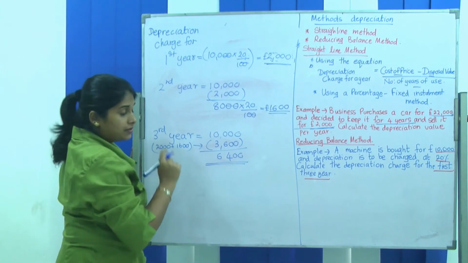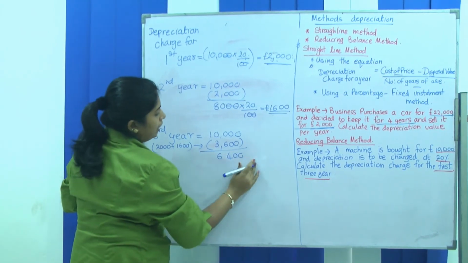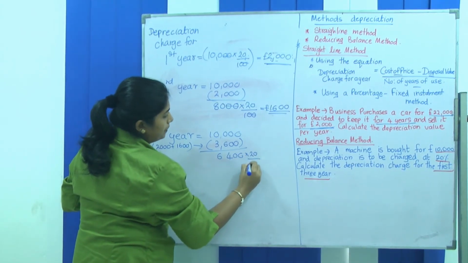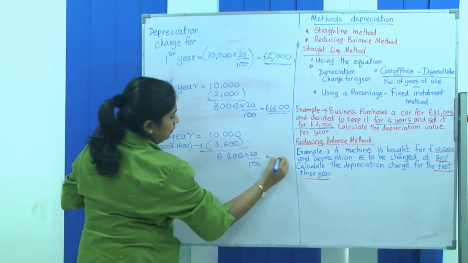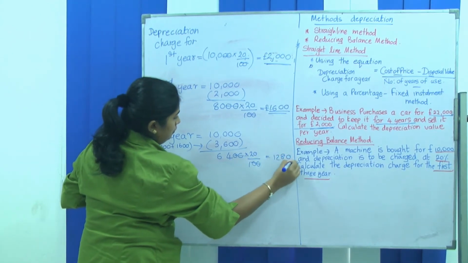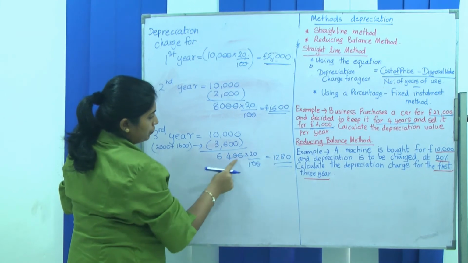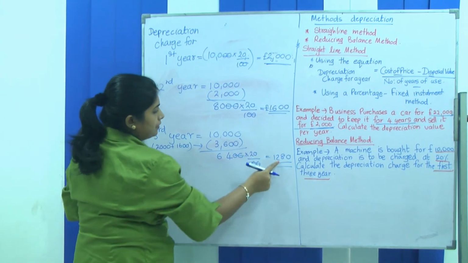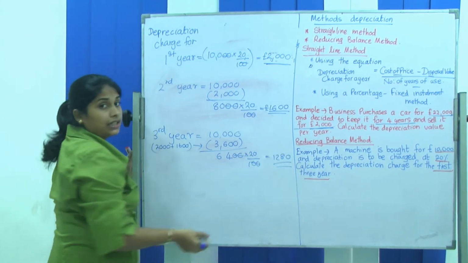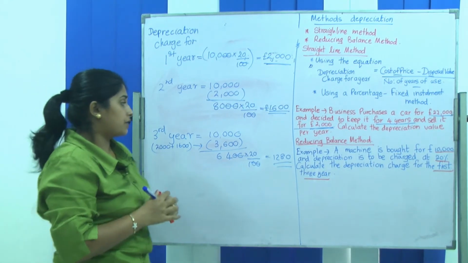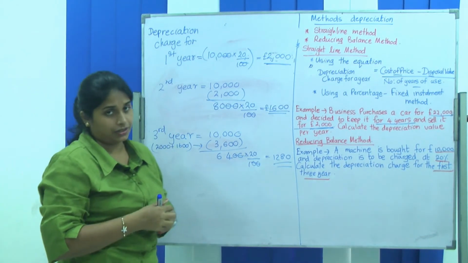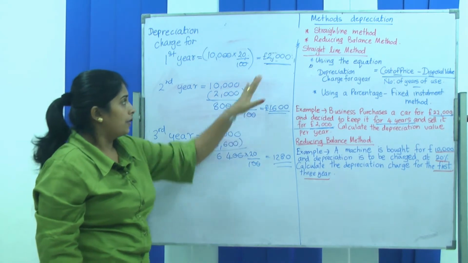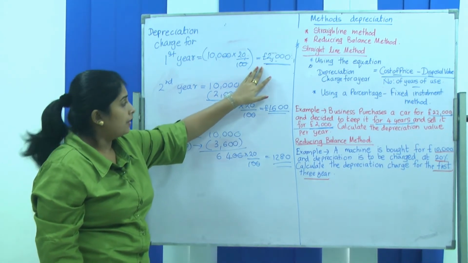So from 6,400 only you have to calculate the 20%. 2 times 4 is 8, 2 times 6 is 12. So third year your depreciation charge is 1,280.